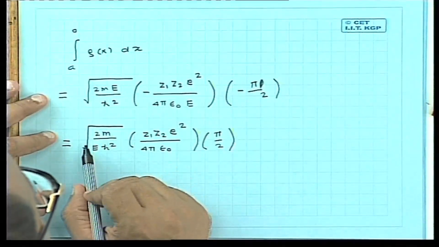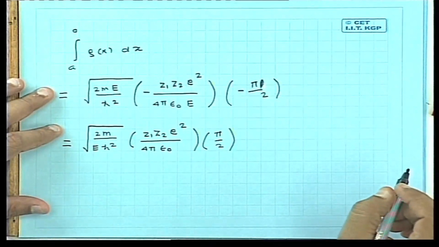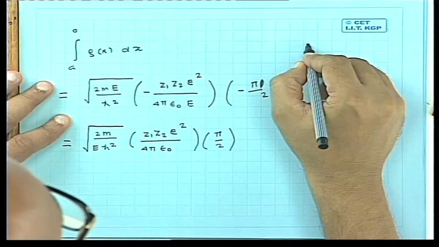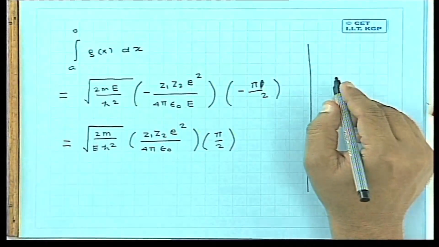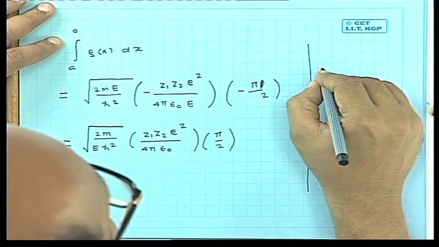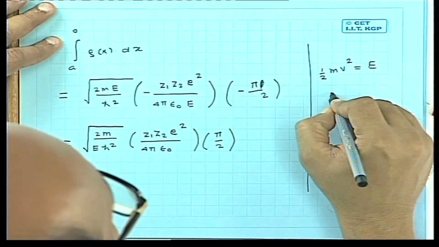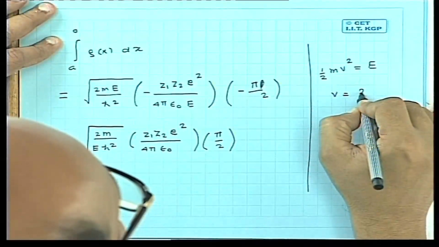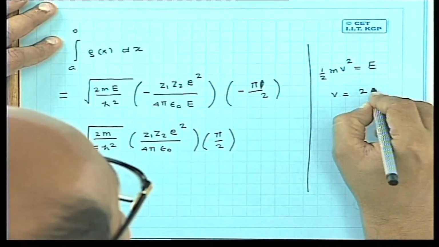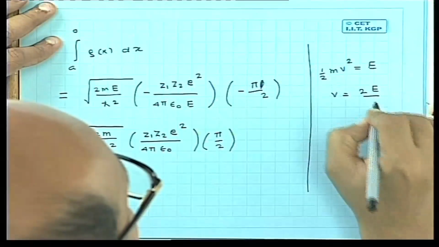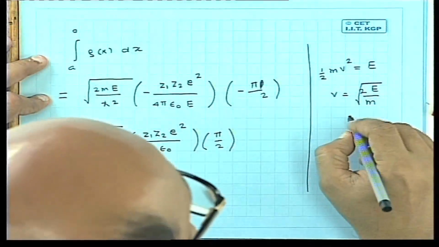So how much is 2m by e for the particle? For a free particle, where the potential is 0, we have half m v square is equal to e, or v is equal to square root of 2e by m.